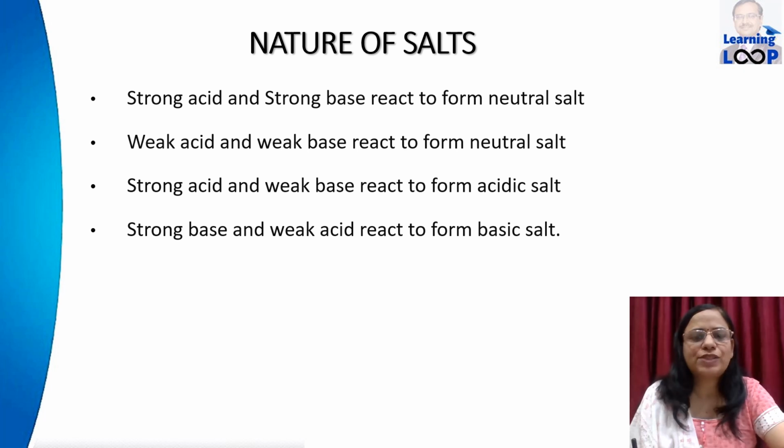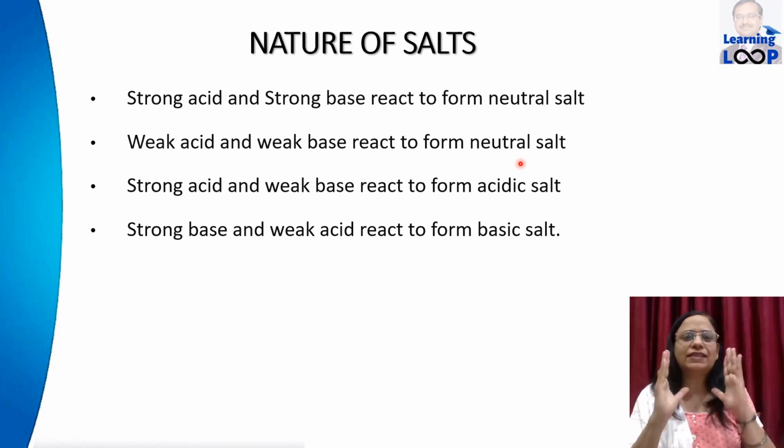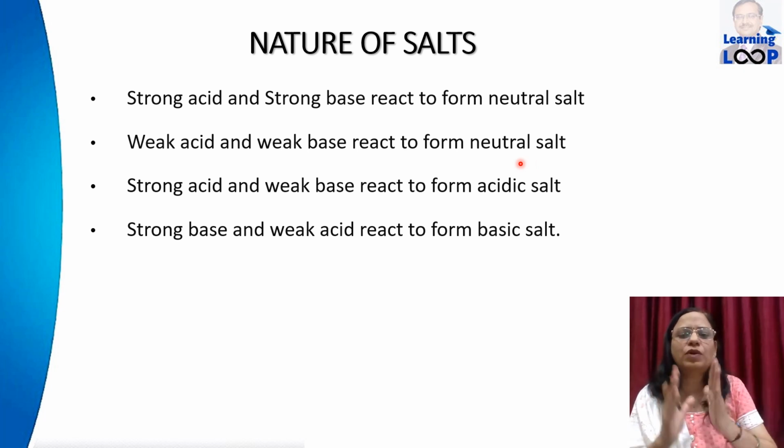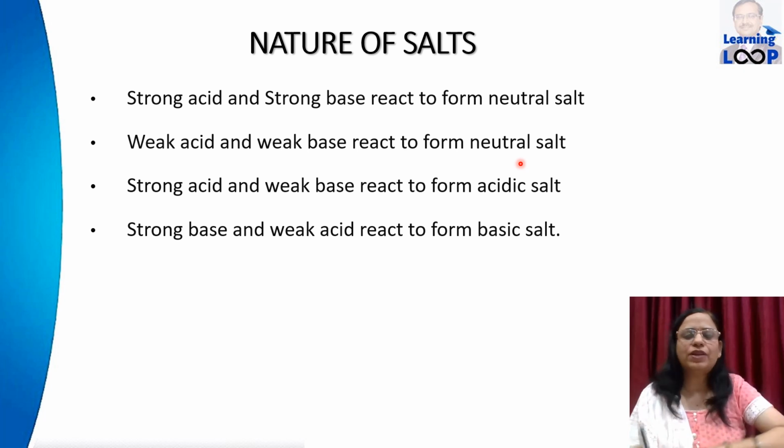When strong acids and strong bases react, we get a neutral salt. Similarly, if both the acid and the base are weak, in that case also we get a neutral salt. So if the acid and the base are both strong or both weak, in both cases you will get a neutral salt.